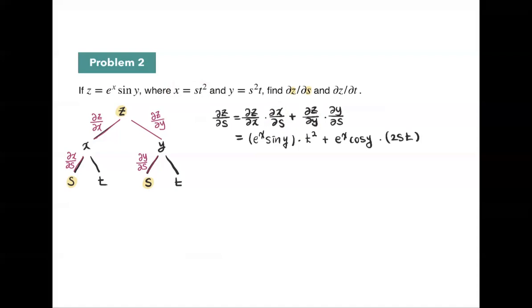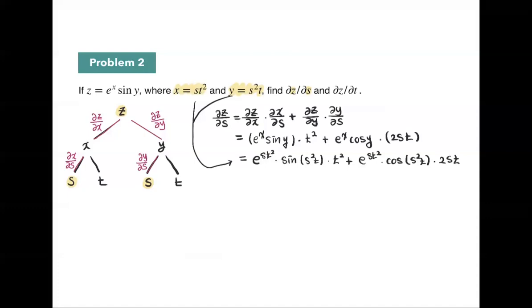If you want to represent the equation using only s and t, using these two equations, you just put in x and y here, so e to the st squared times sine y times t squared plus e to the x times cosine y times 2st.